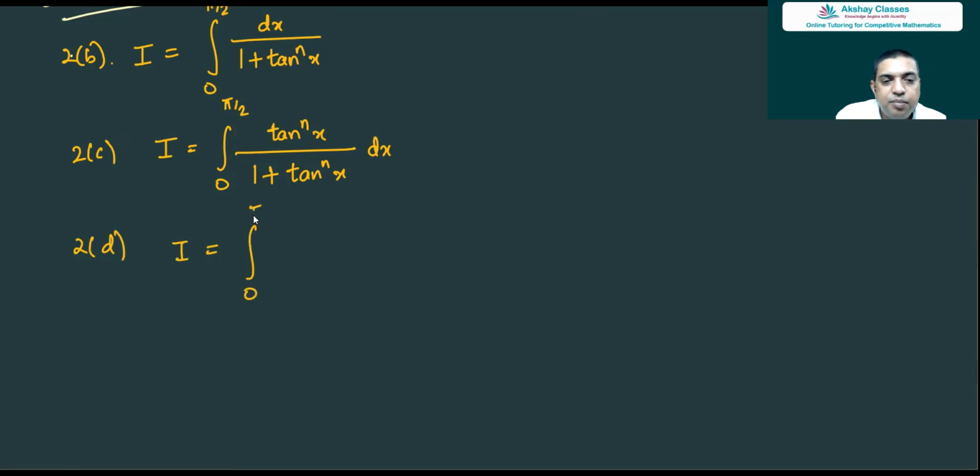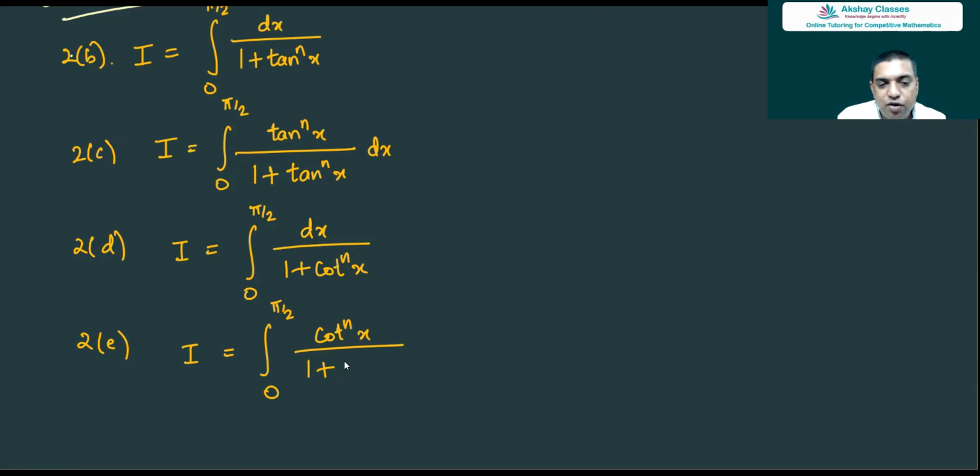Integral 0 to pi by 2 dx by 1 plus cot power n x, exactly the same procedure. You can take any one of them and do it. 0 to pi by 2 cot power nx by 1 plus cot power nx.